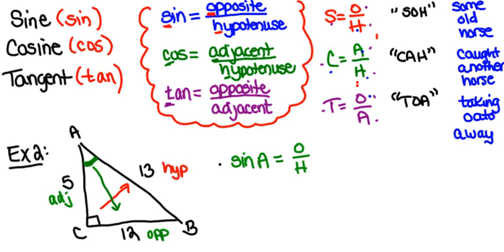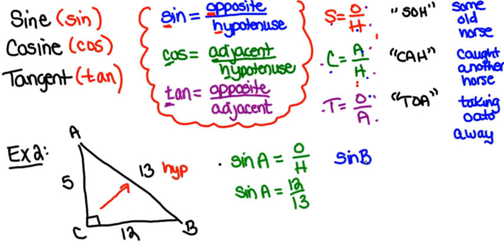I'm going to erase so that I can use my picture to do a few more of these. What if now I wanted to find the sine of angle B? Well, sine, remember, again, is the comparison between the opposite and the hypotenuse.